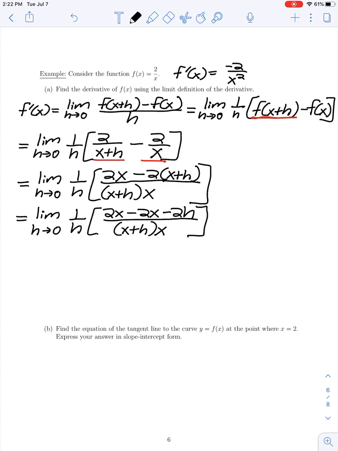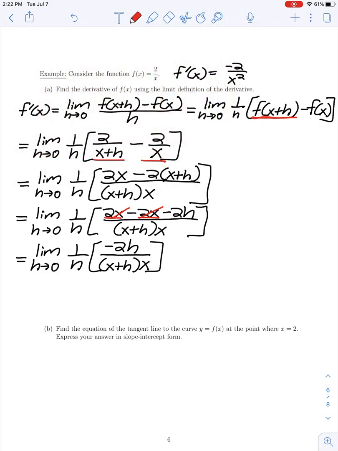So let's see what cancels here. We see in our numerator this positive 2x and negative 2x will cancel. And so we have the limit as h approaches 0 of 1 over h times my numerator, all that I'm left with is negative 2h, and then we're dividing by x plus h times x.